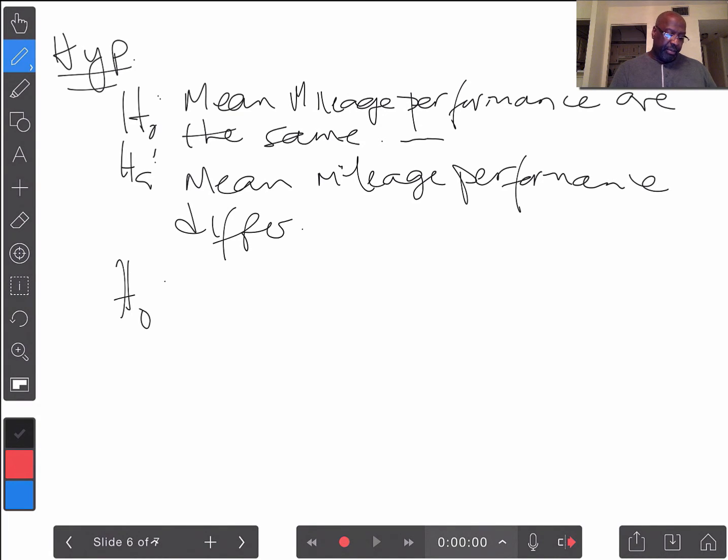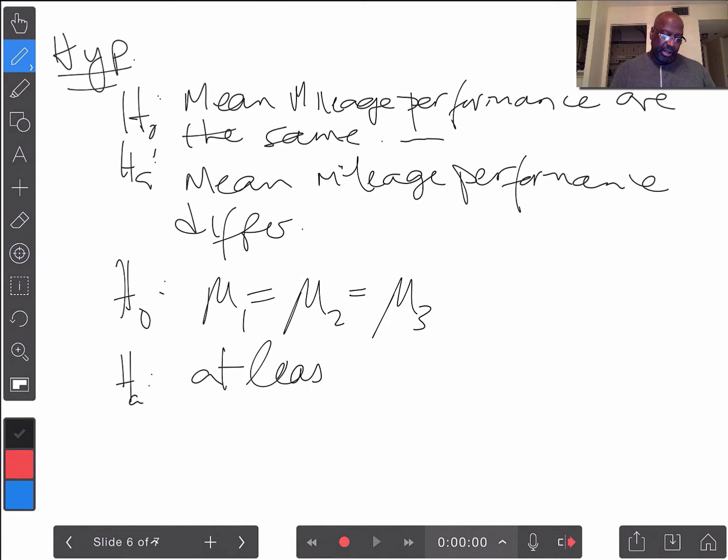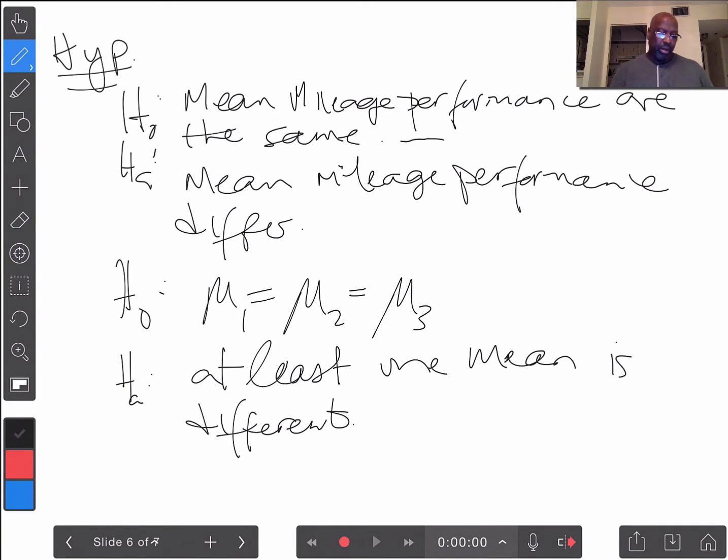So if they're the same, mu 1 is equal to mu 2 is equal to mu 3. HA, at least one mean is different. So that's step 1. Cool.